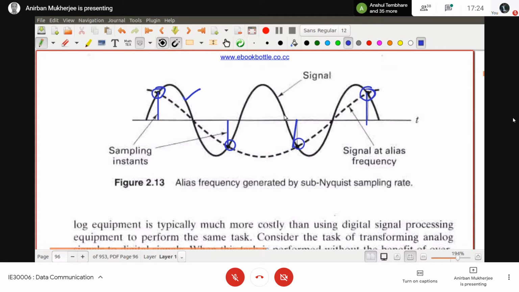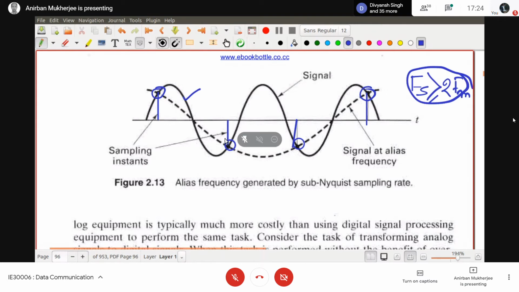So what you have to do is sample it in a denser way. That means you have to sample the signal with the right number of points, which depends on the frequency of the signal. That's why we say that fs must be greater than or equal to 2fm. Then you don't have this type of aliasing problem.